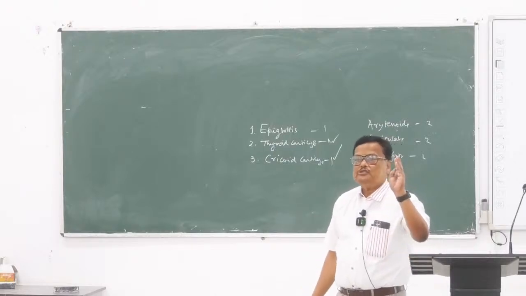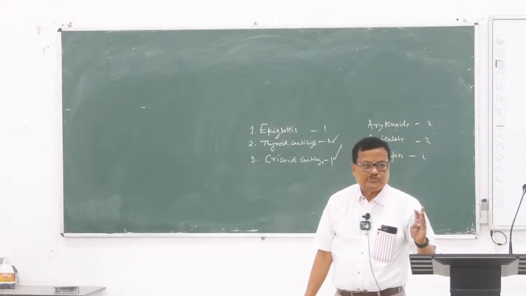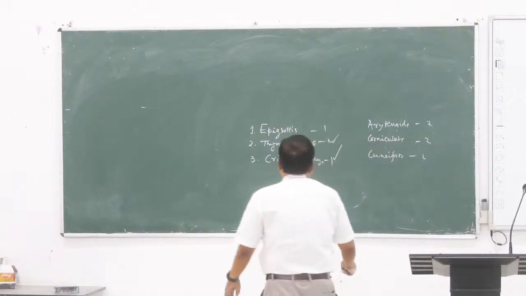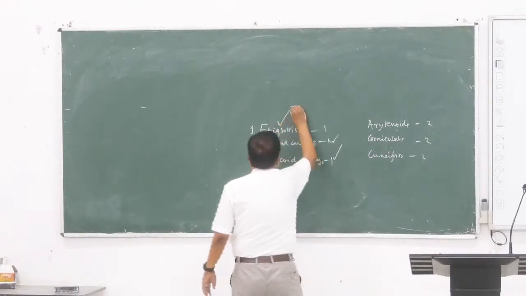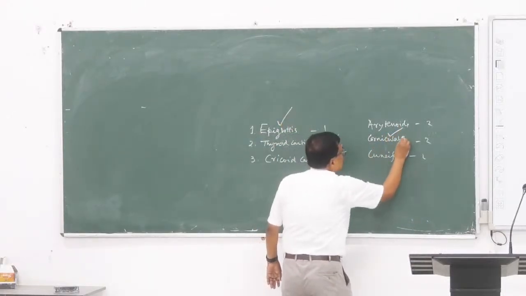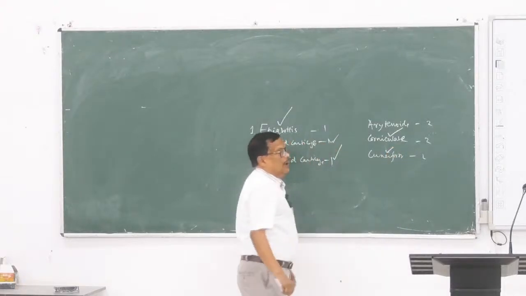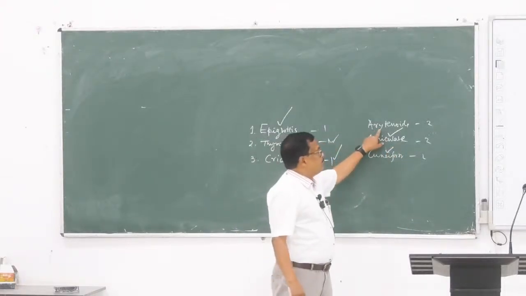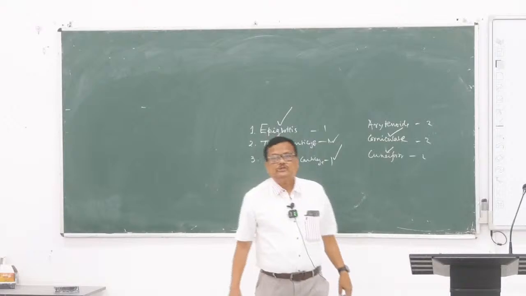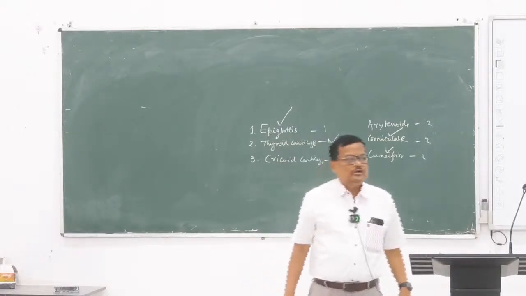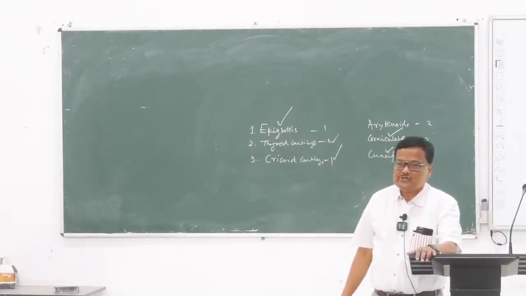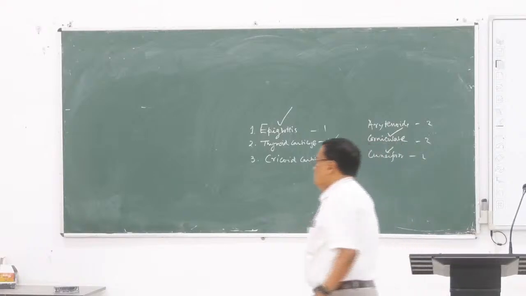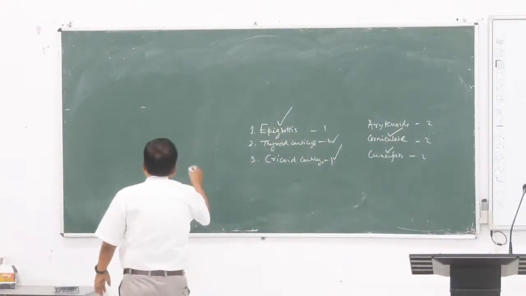Which are the elastic cartilages? Epiglottis, corniculate, and cuneiform, and also the tip and vocal process of the arytenoid cartilage. So the arytenoid cartilage is histologically mixed. The arytenoid cartilage is like that.